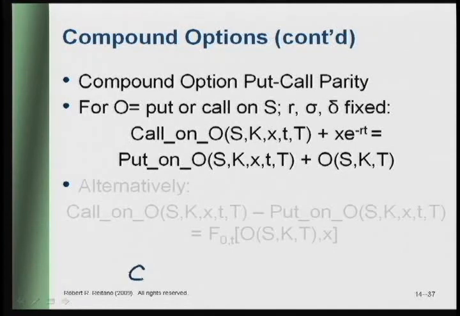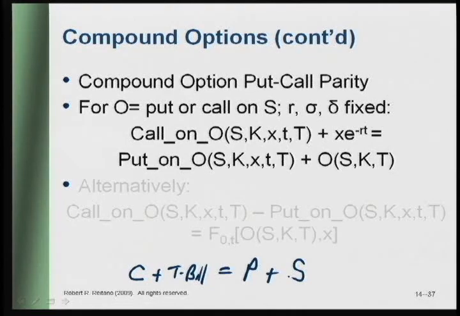Remember how put-call parity worked. If we have a call plus a T-bill, this is equal to a put plus the stock. This is expressing the same thing, but here the put and the call are on an option, and therefore what we need to be holding is the option itself. This was version 2, the natural one, where one has a portfolio of a call plus a T-bill.